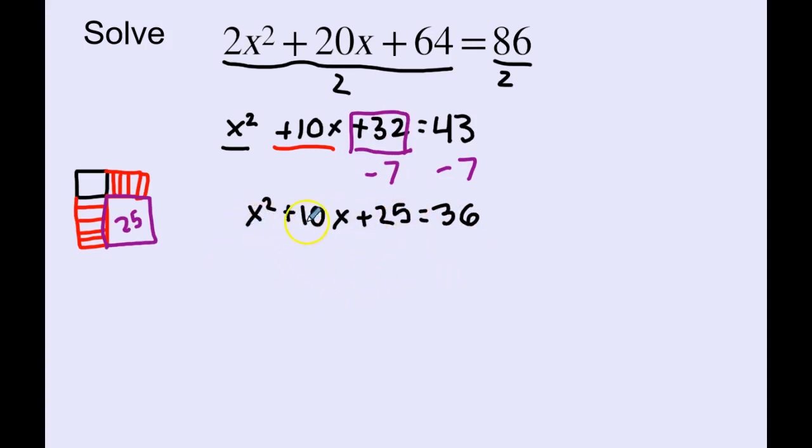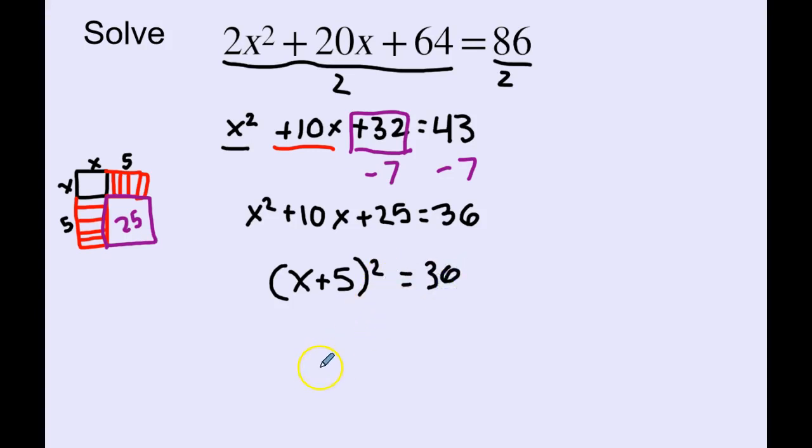Okay, so now we've got this side all lined up. This is a perfect square trinomial. So we're going to go ahead and factor this, and we already did the picture, so we can factor it really easily. This is just x plus 5 squared. We made it that way on purpose. It's a perfect square. It's x and 5 long, and it's x and 5 tall. And then this side is still 36.